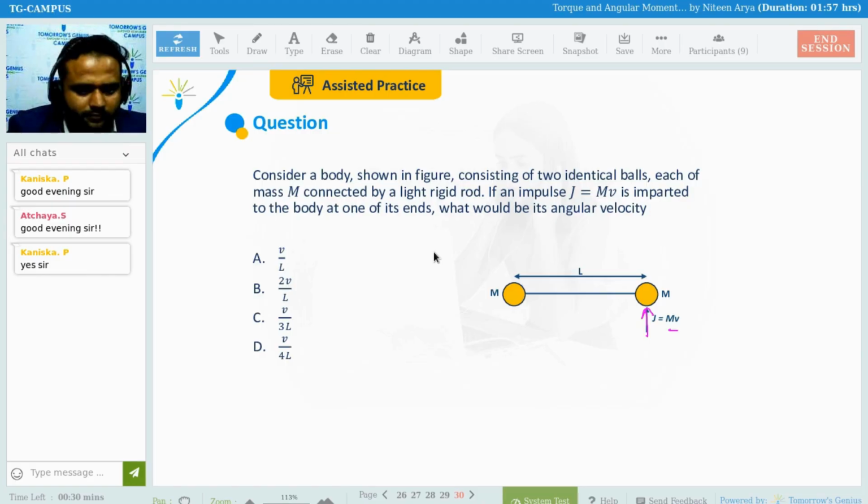Option A is present in the class. Basically, here you need to apply the law of conservation of angular momentum, not momentum.